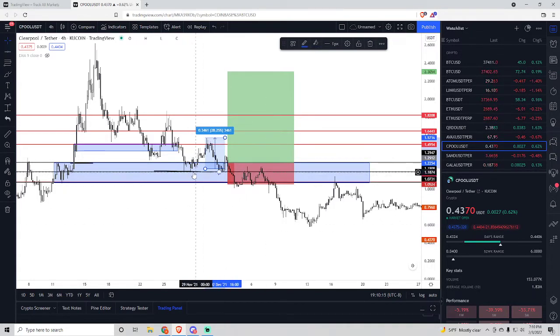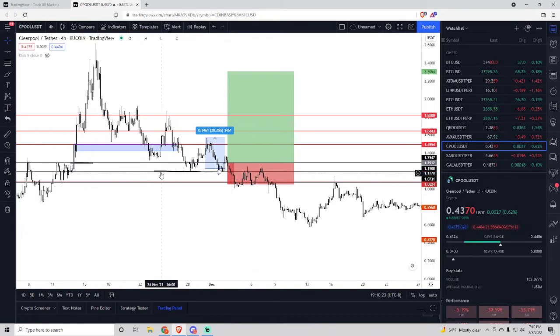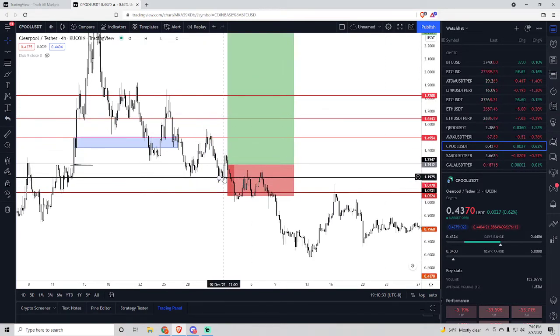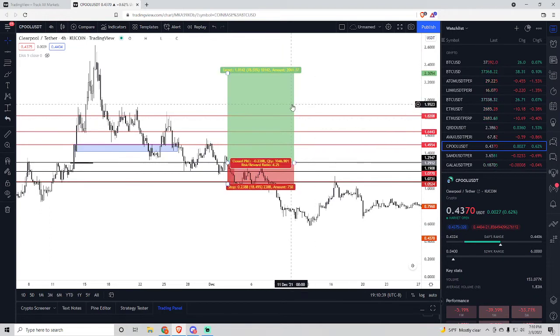Now, because 50% of this has filled, right? I am no longer going to be calling this a demand zone, so I'm going to be removing that. You can keep your support lines because they're still valid, right? Like if this came back down here, touched it, and then gave you a nice bump, right? Support lines will still hold, but the demand zone has been fulfilled and is no longer there, right?